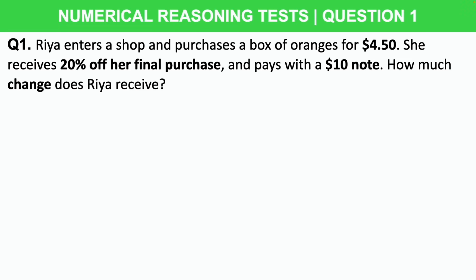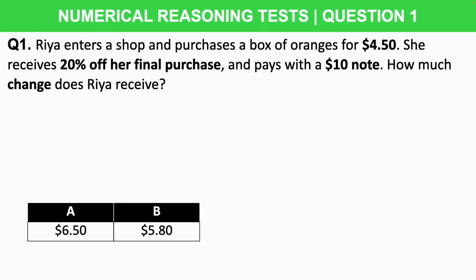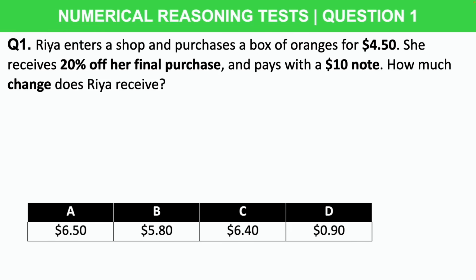Ria enters a shop and purchases a box of oranges for $4.50. She receives 20% off her final purchase and she pays with a $10 note. How much change does Ria receive? Is it A, $6.50, B, $5.80, C, $6.40, D, 90 cents, or is it E, $3.60?